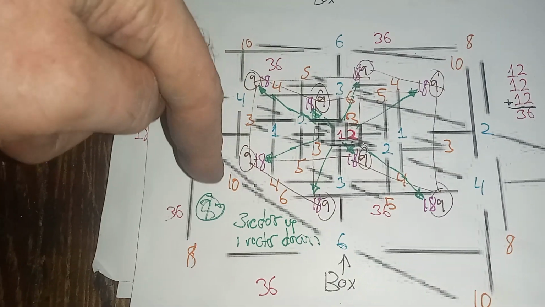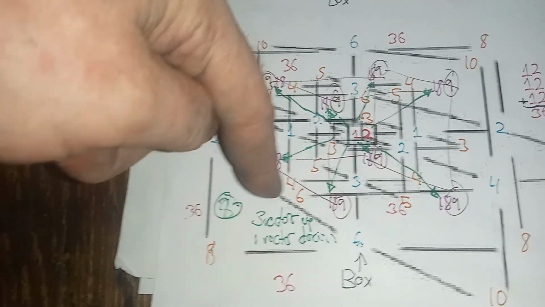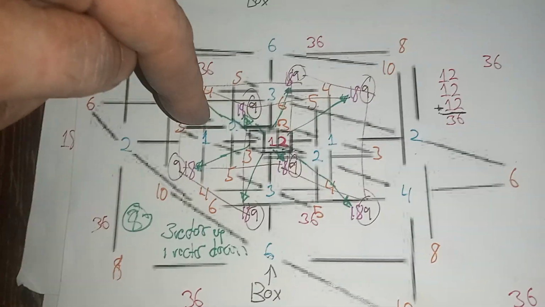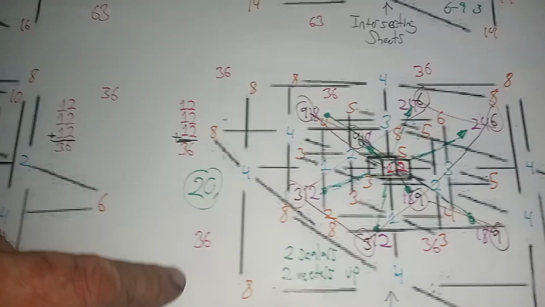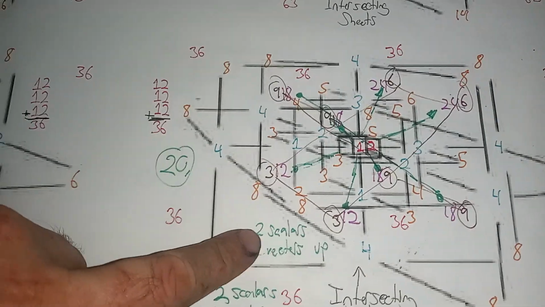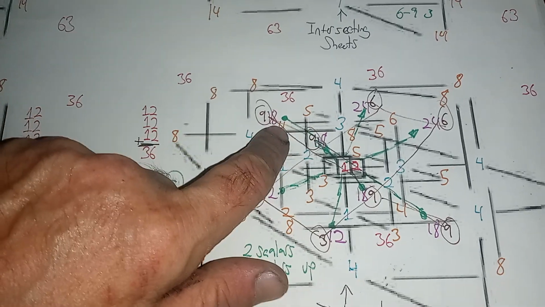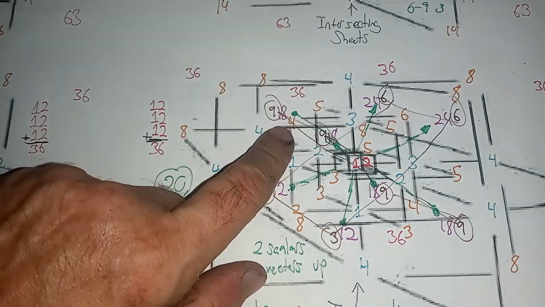And this is another box again with the 3 vectors up and 1 vector down. You can look at this and study for yourself. These are the 2 scalars. Now, scalars are numbers that are the same on both sides.